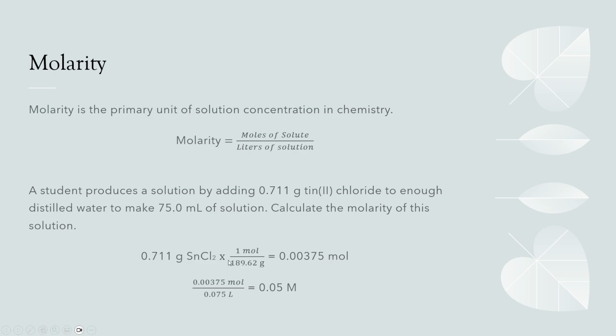And then, since we have the moles of the solute, we can find the denominator of this equation, which is the liters. Now we're given the 75 milliliters, but we need to convert that to liters, and we do that by dividing by 1,000. So we have 0.075 liters, and then once we divide them with each other, we get 0.05 molarity of the tin(II) chloride.